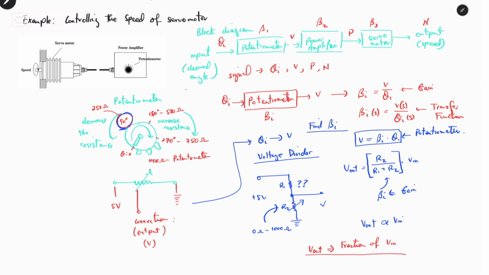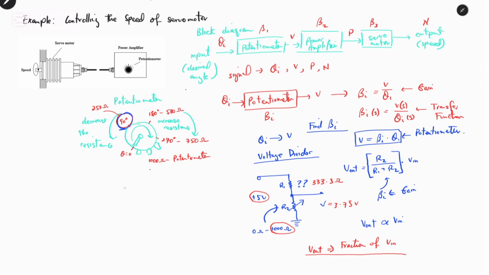So having that in mind, if we are to find R1 such that the output is a fraction of the input, towards 5 volts, during the computation we say R1 is now equal to 333.3 ohms. And we all know for a 5 volts input, we should have 3.75 volts at the output when the resistance of R2 is 1000.